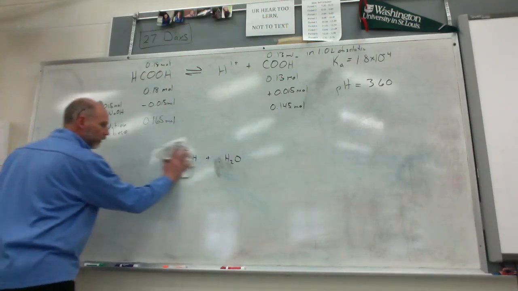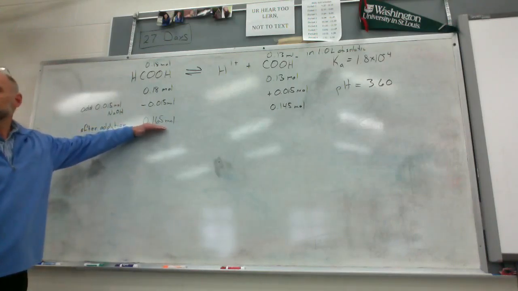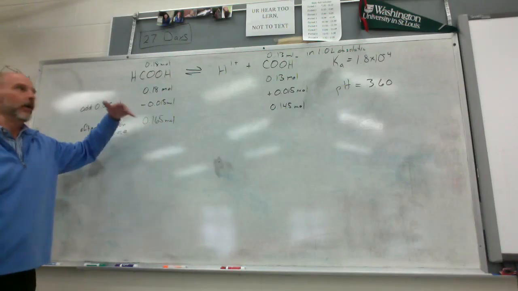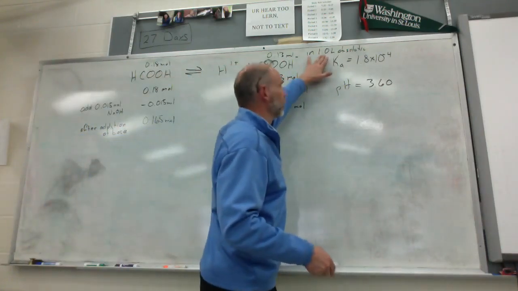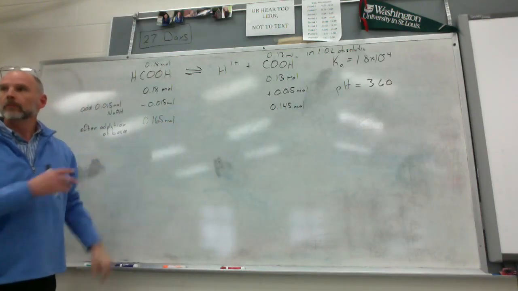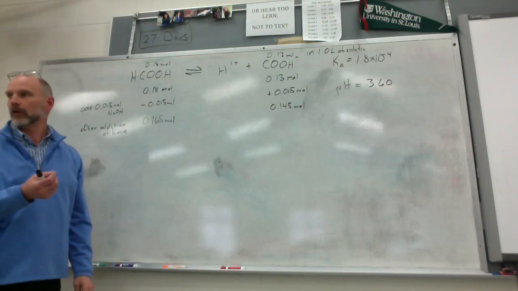Now, we can think of it two ways. One, I've already shown you that we can just look at the ratio of the moles instead of the ratios of the molarities because the volume stays the same, right? However, since we're in 1 liter of solution, we can think of them as molarities also. It doesn't really matter. But would you guys agree that the Henderson-Hasselbalch would probably be a good thing to use here again?